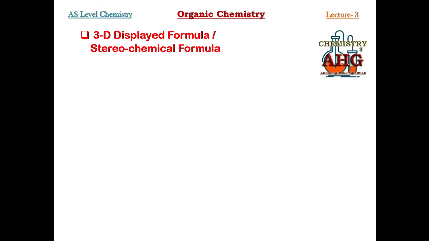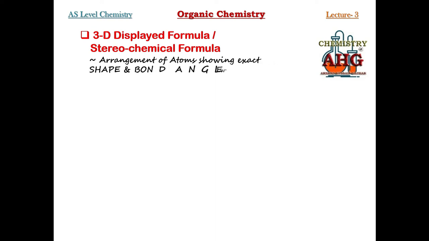Now, as you can see from the name of this type of chemical formula, this is derived from displayed formula. We show the exact bonds and atoms present in a molecule, but those bonds and atoms must clearly demonstrate the arrangement of atoms in such a way that we can come to know what is the exact bond angle and what is the exact shape of a given molecule.